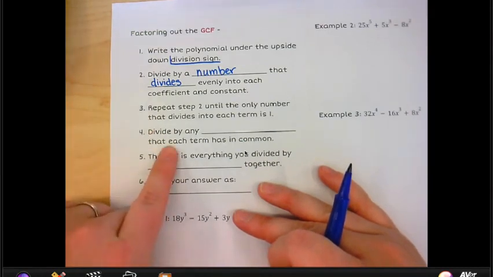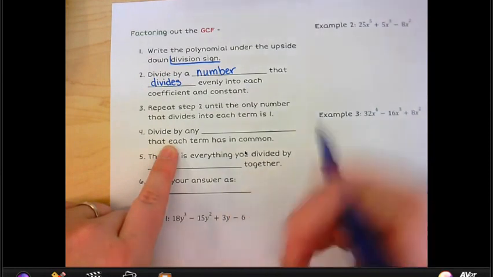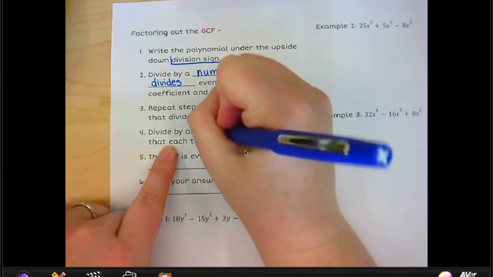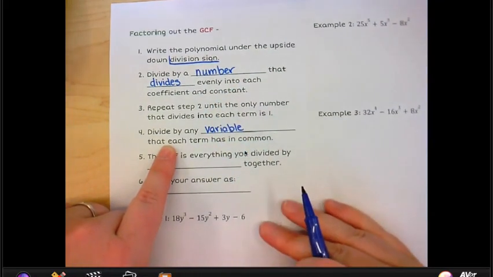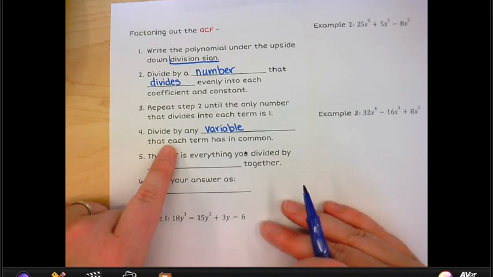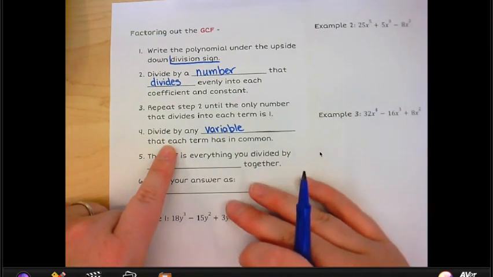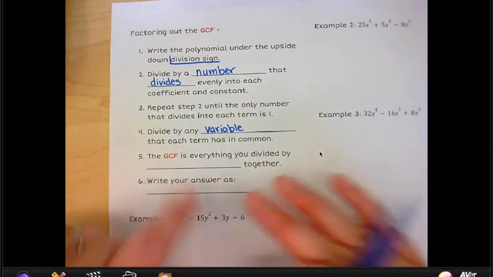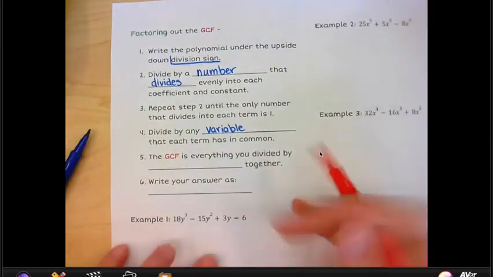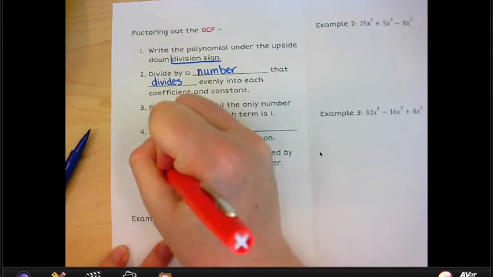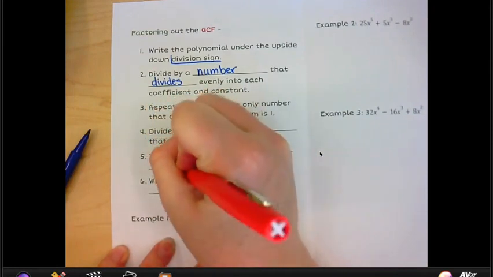Then we're going to look again and see if all of the terms have a variable. And if they do, then we are going to divide by that variable that each term has in common, and be careful with the exponents if we can divide out an exponent as well, which we'll talk about in a little bit. The GCF then, if I'm switching over to red, is everything you divided by multiplied back together.